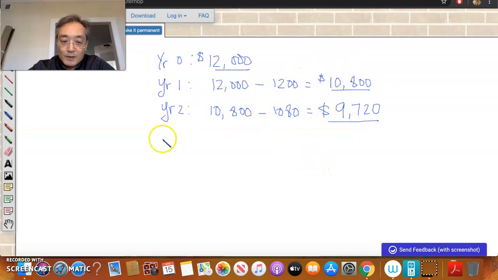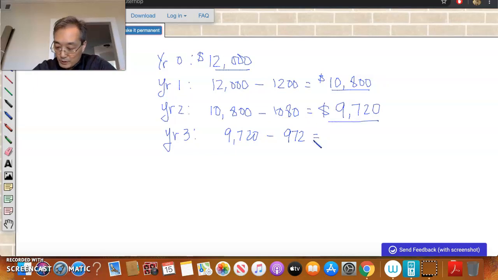But if you look at these numbers, let's do one more year. Let's do year 3. So he's going to lose another 10%. So now, from year 2, his car was worth $9,720 minus, now he's going to lose 10% of that. So that's going to be 972.